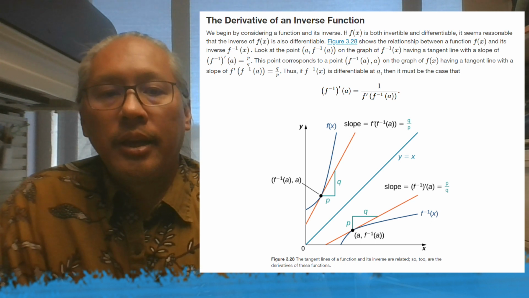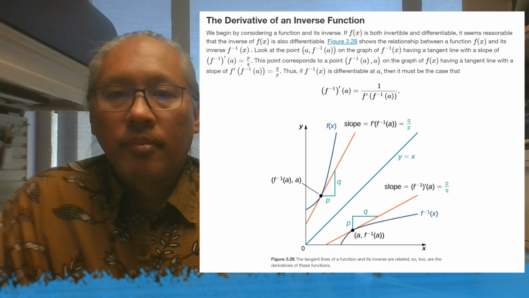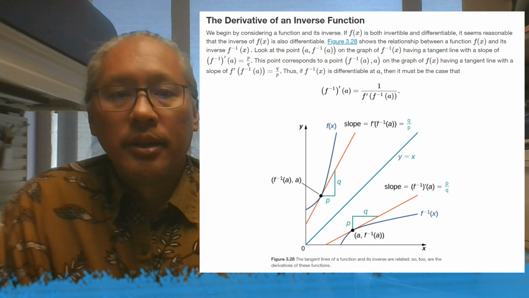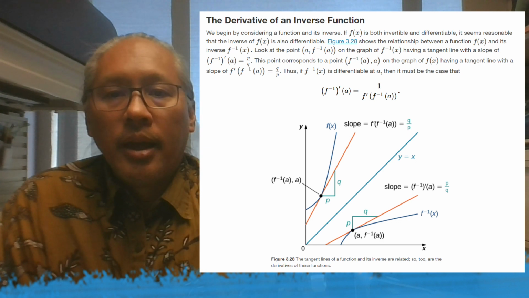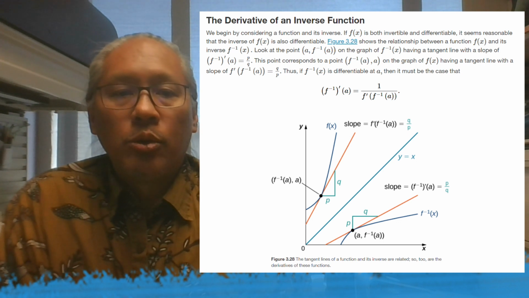So instead of saying (a, f of a), you would have (f of a, a), or you switch the x and y components.